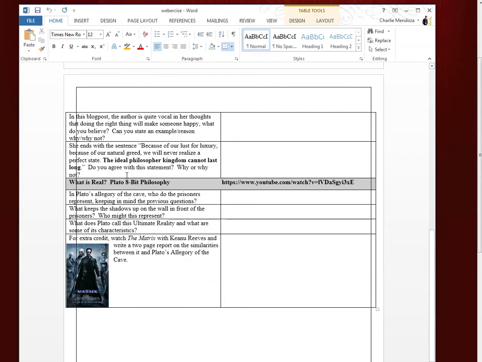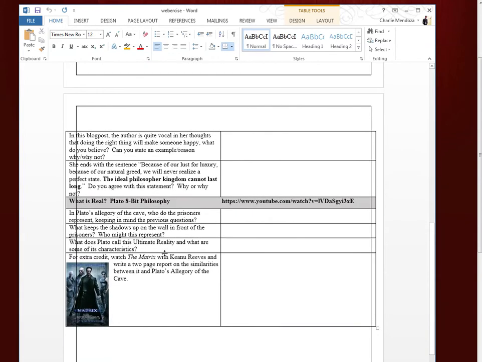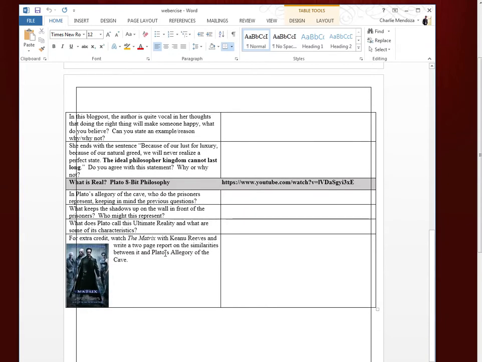But yeah, so we have the more concrete and abstract thinking here, especially in this last one where I linked them to a blog, and this blogger was very vehement about what her ideals were, about what Plato was thinking. And I figured if people disagree with her, they'll respond really well, and if people agree with her, they'll respond really well also, because they'll think she's amazing, and the other people will think she's stupid. So hopefully it'll get people to think either way.